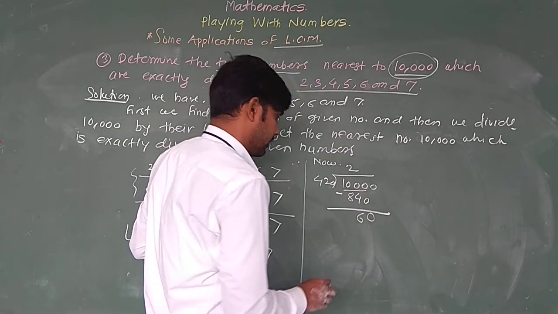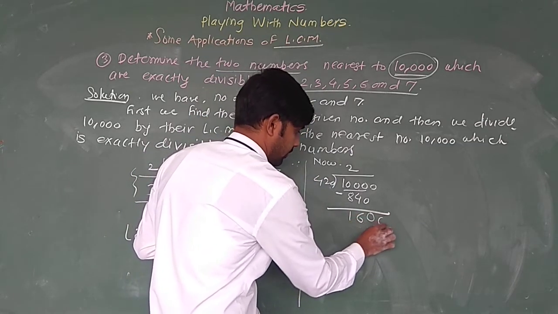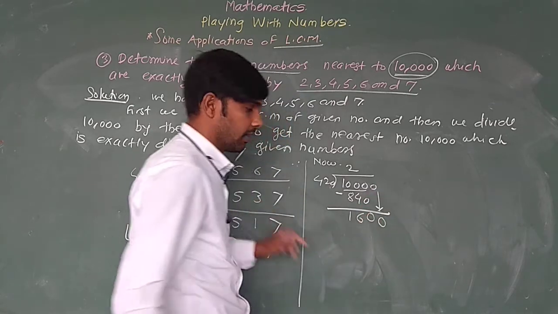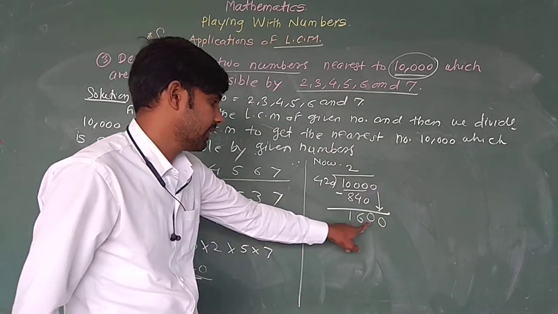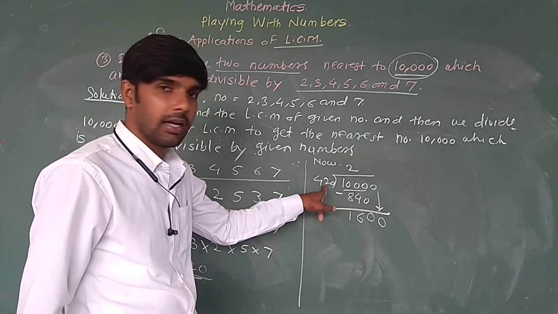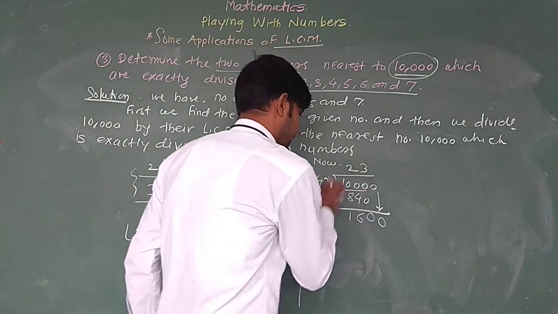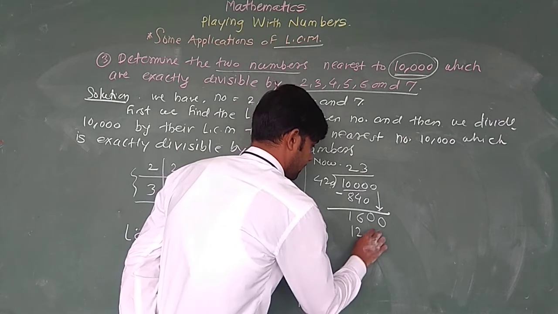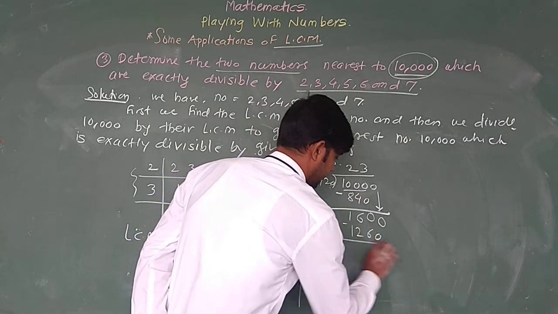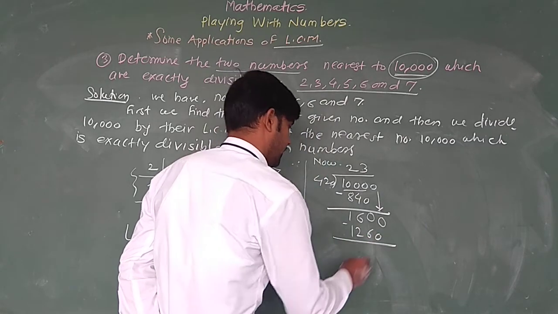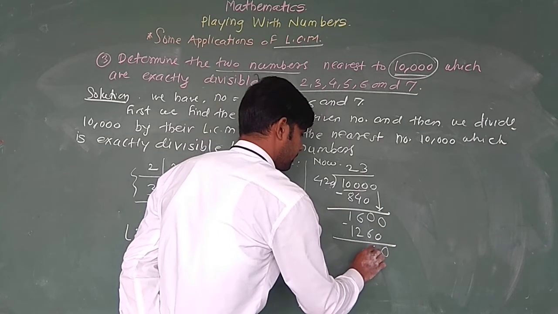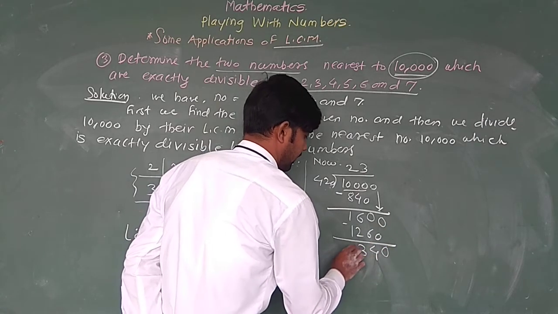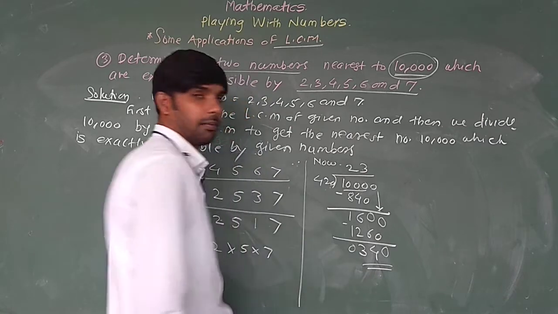Then 1 and 0. We take 0. Again 1600 divided by 420. 420 times 3 is 1260. So the answer is 23, and the remainder here is 340.